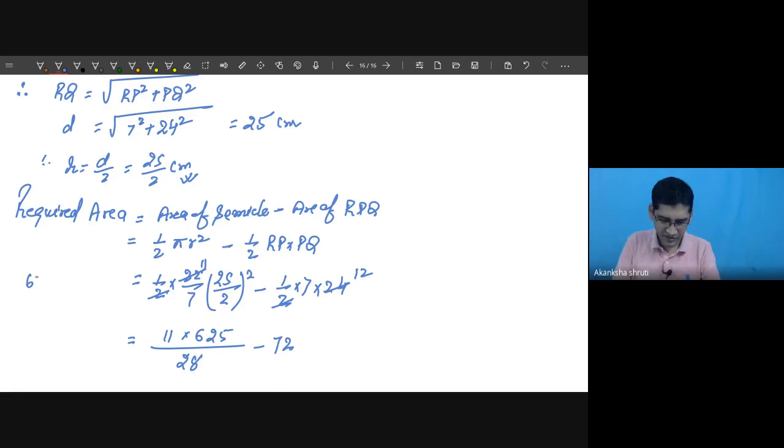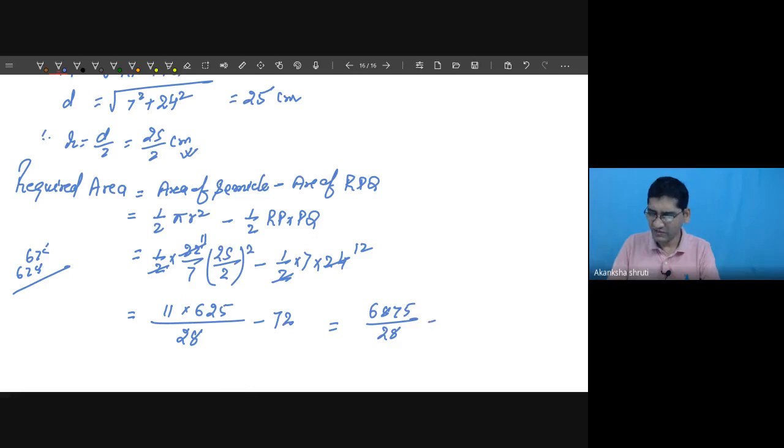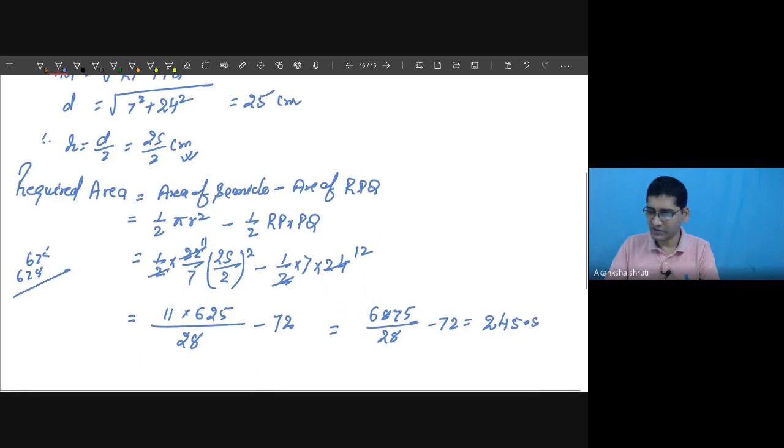Eleven 625 add it. What we are going to get is 6875 divided by 28 minus of 72. Now divide it by 28. You will get this as approximately, take the denominator as 30, then you will get as 245.3 approximately.